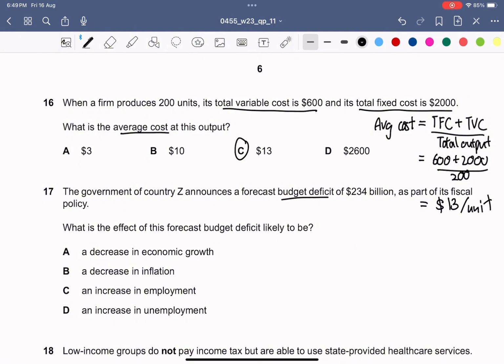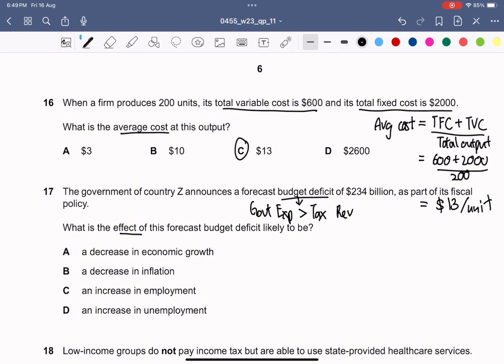17. The government of country Z announces a forecast budget deficit of $234 billion as part of its fiscal policy. What is the effect of this forecast budget deficit likely to be? So budget deficit means government expenditure is more than tax revenue.